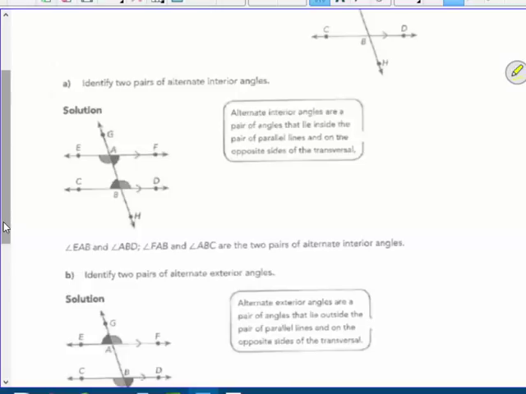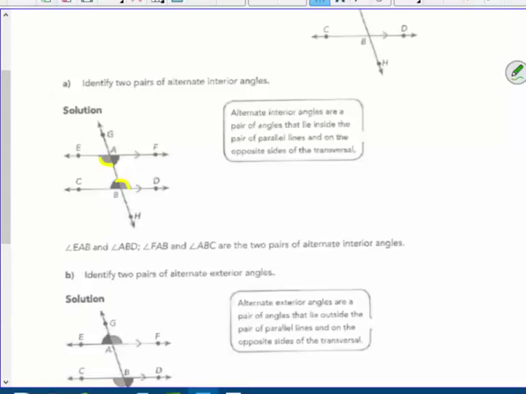Here you have to use the 3 letters because you can't just say angle A, because angle A is the vertex of 4 different angles here. So angle EAB, this one here, and angle ABD, this angle here, are alternate interior angles.